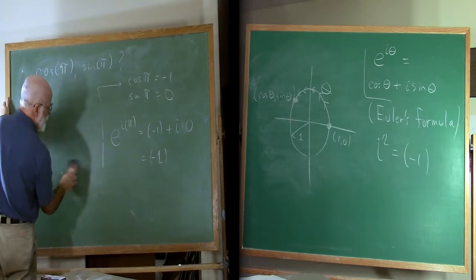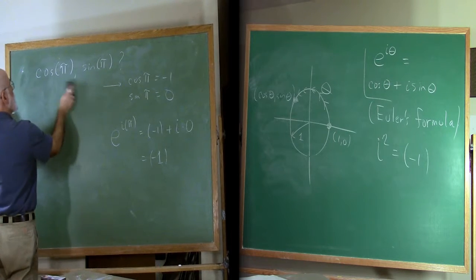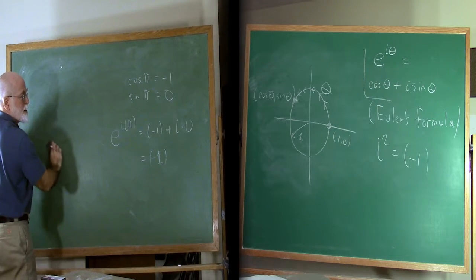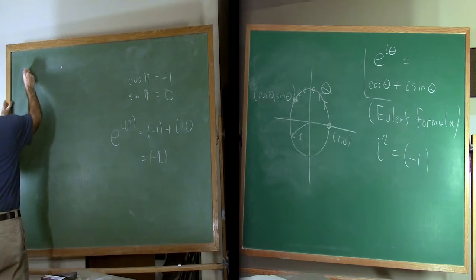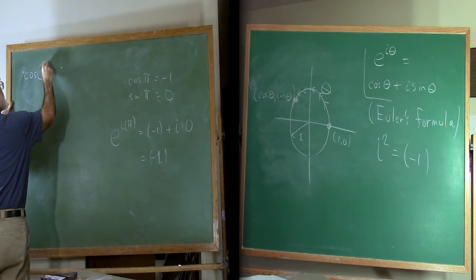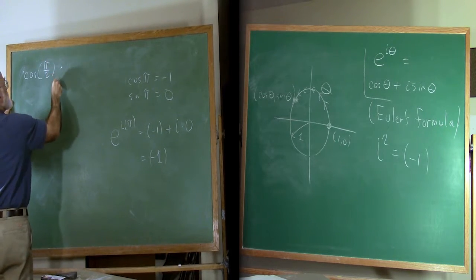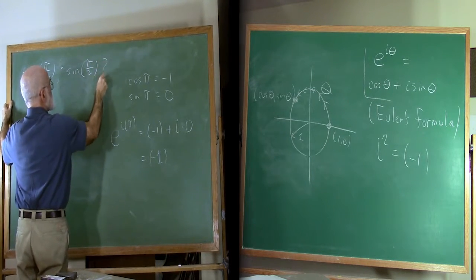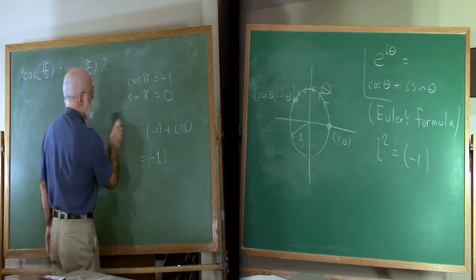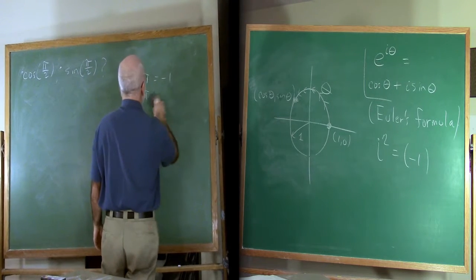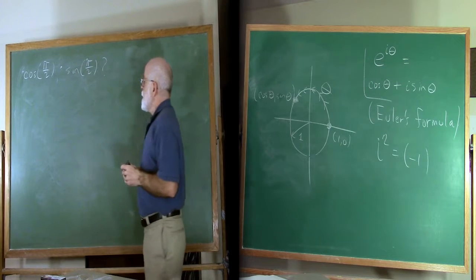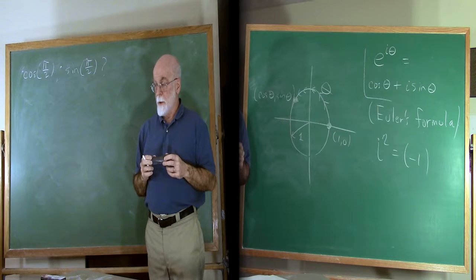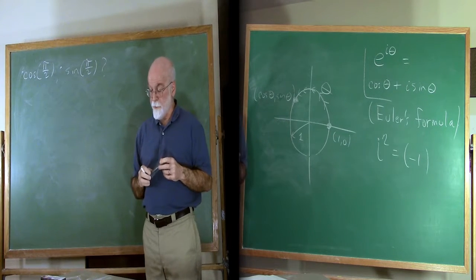Let's do another halving. Cutting in half, I mean. Let's look at sine and cosine of pi over 2. Now we're talking about a quarter circle. Pi over 2 is 1/4 of 2 pi.